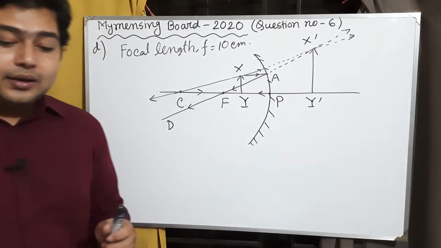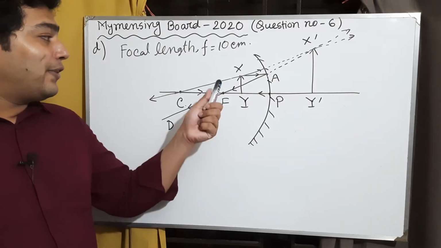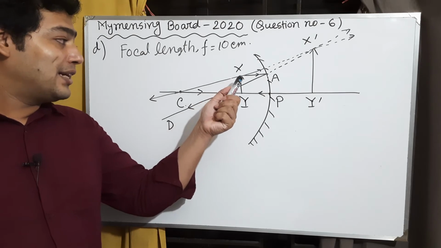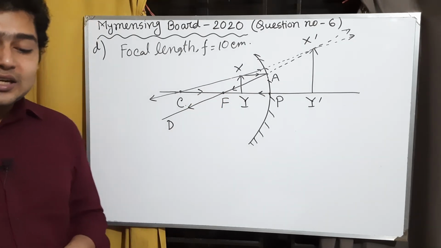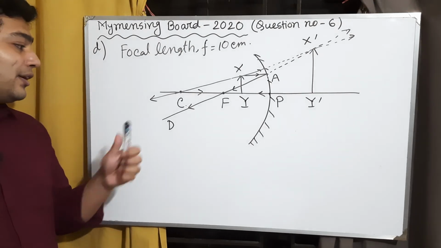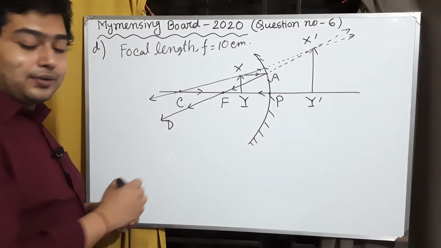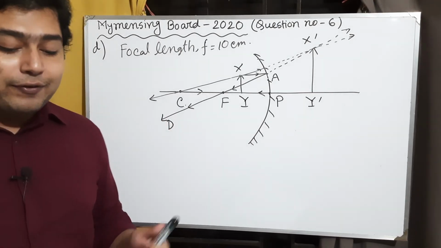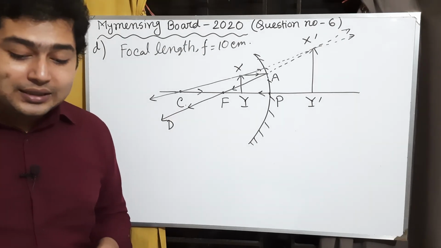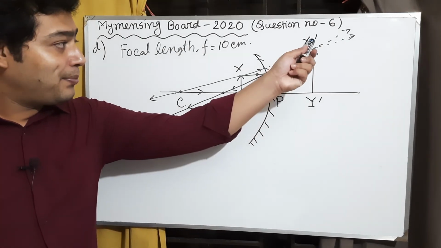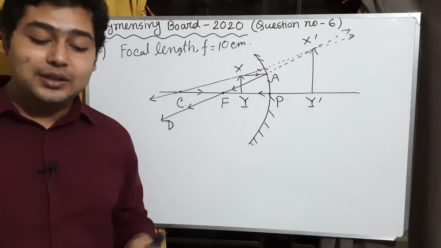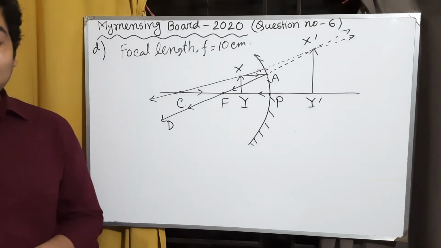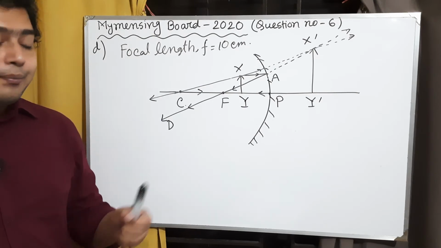Now the two reflected rays never come together, but they come together at X prime, which is behind the mirror, if extended backward.